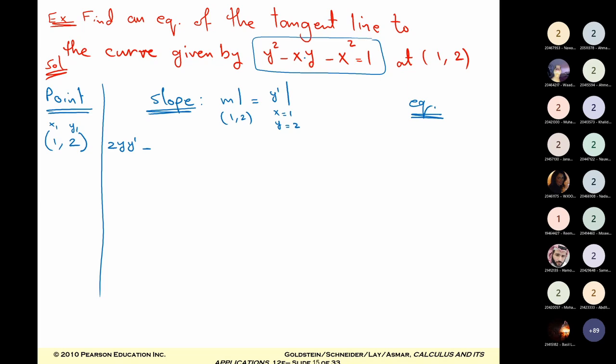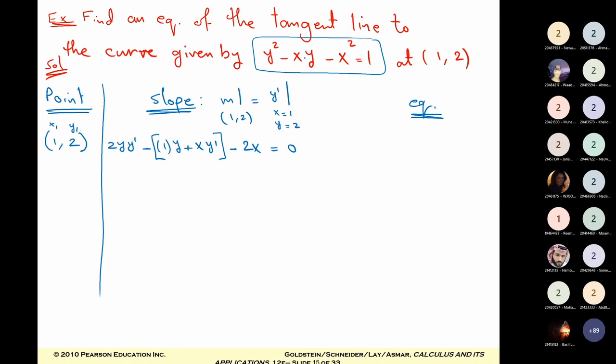The derivative of the first, 1, multiplied by the second, plus the first multiplied by the derivative of the second, which is y prime. Okay, minus x squared equal 2x, and the right hand side, 1 equals 0.